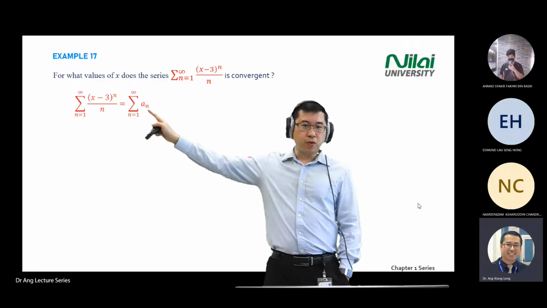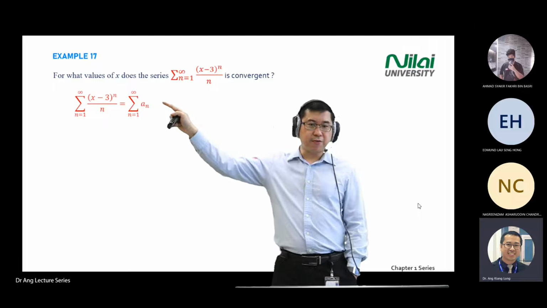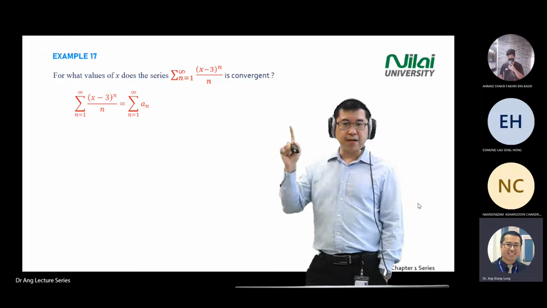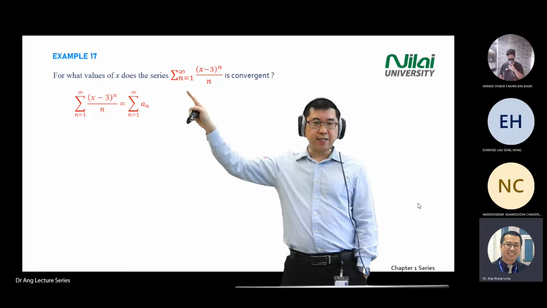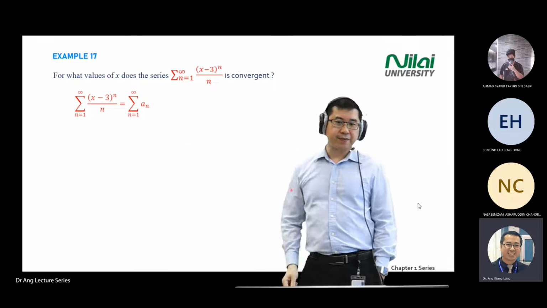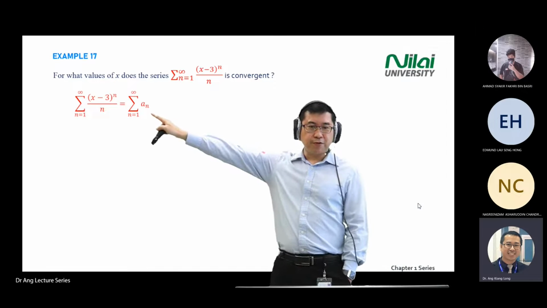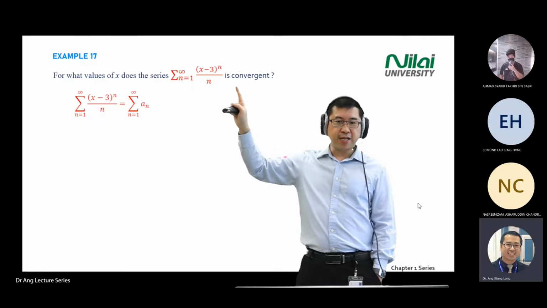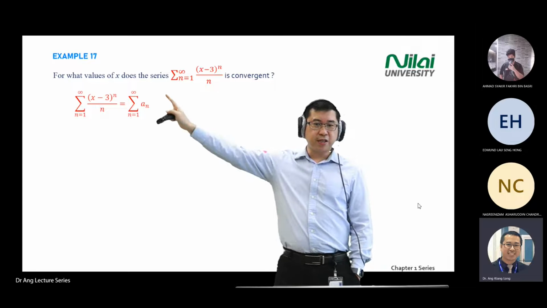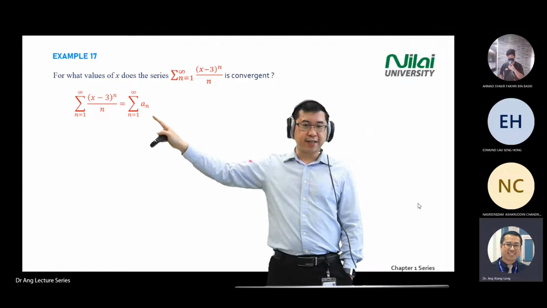You write it equal to the sum of a sub n. This step gives you the first mark, 1 mark for showing that you understand you can write it as a sub n. You copy the question to test whether it's convergent. First step, you copy the question and put the equation as a sub n.